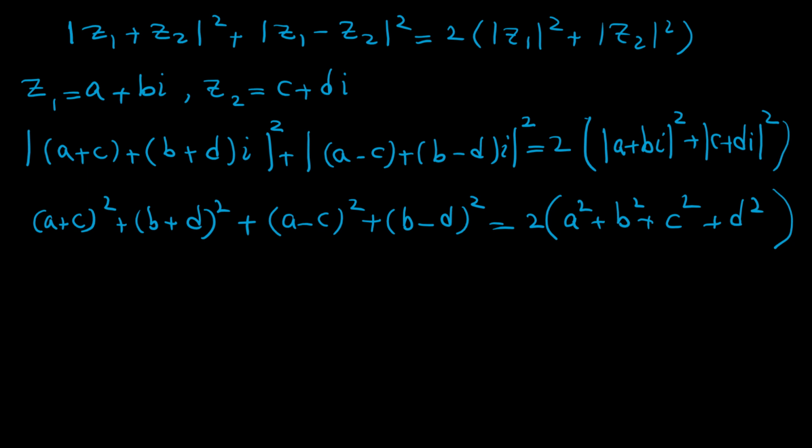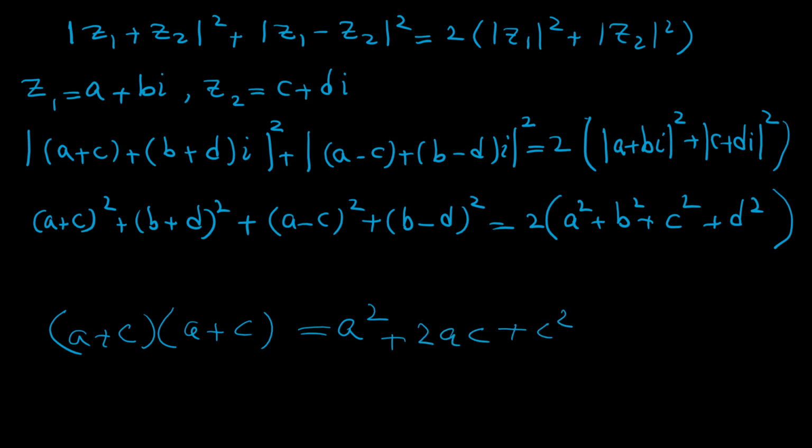If we simplify the left side, we can see that it equals the other side. In the left side we have (a + c)². If you multiply a + c by itself, or use the identity, you can see that it equals a² + ac + ca, which is 2ac, plus c times c, which is c².